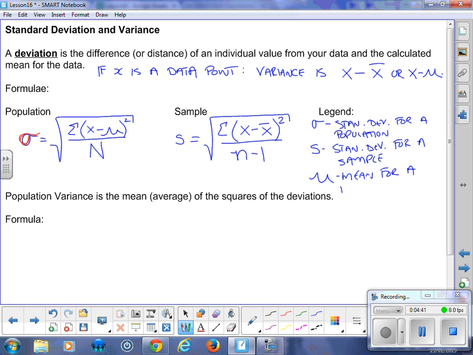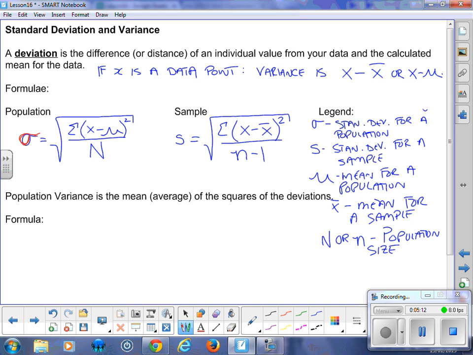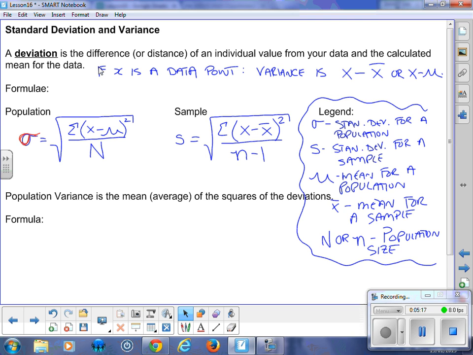X bar is the mean for a sample. And the n's represent, I'm just going to group them together, capital N or small n, the population or sample size. Okay, so there is your legend that tells you what each of those variables involves.